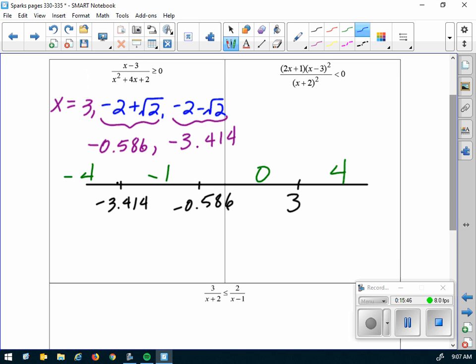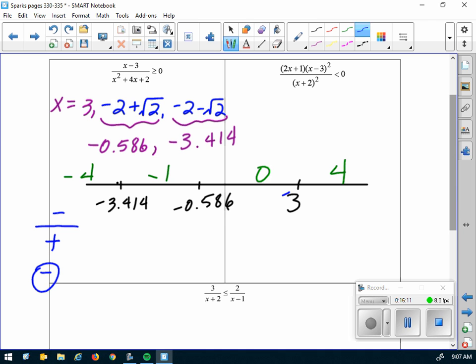If x is negative 4, the numerator is negative. Now, I've got to crank on this. Negative 4 squared is 16, plus 4 times negative 4 is negative 16, plus 2, that is positive. And a negative divided by a positive is a negative.